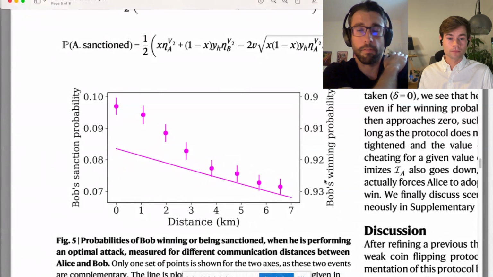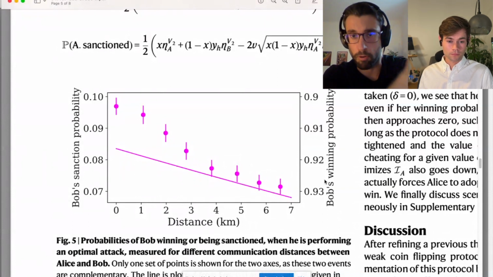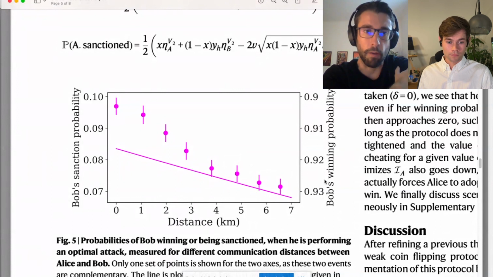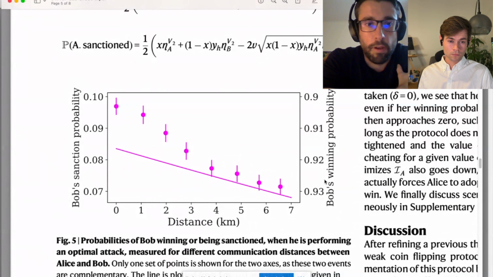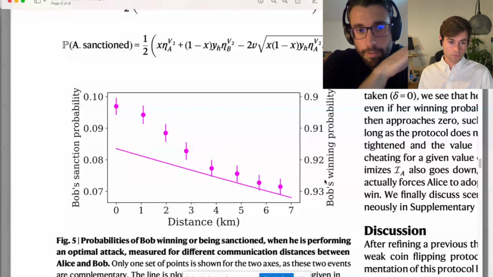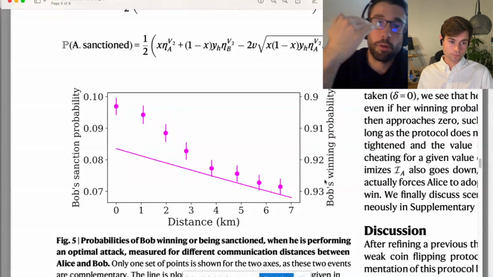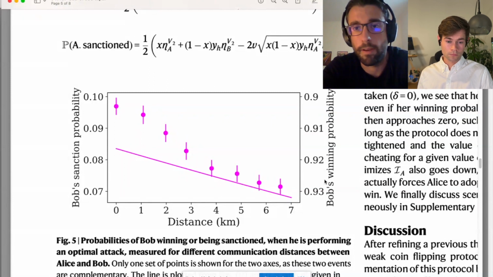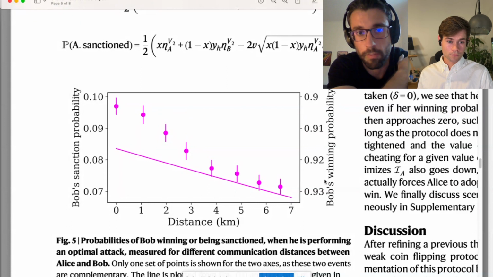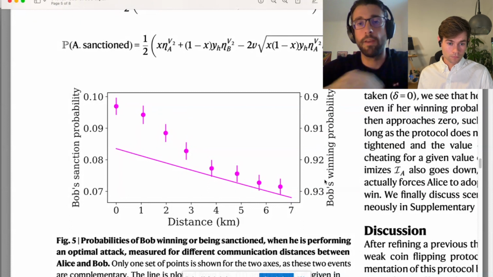As you increase the distance, you have more chances of losing the single photon that's somewhere in your setup. So here we just wanted to show that the probability of Bob winning decreases as a function of distance, or basically as a function of increasing losses, and that his sanction probability also decreases. That's essentially what this graph shows.